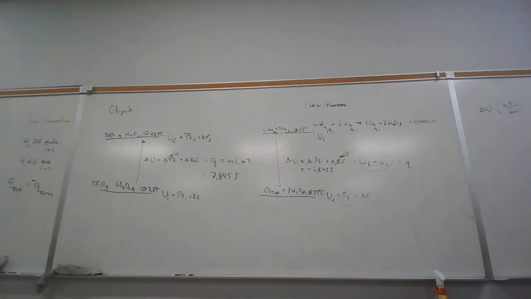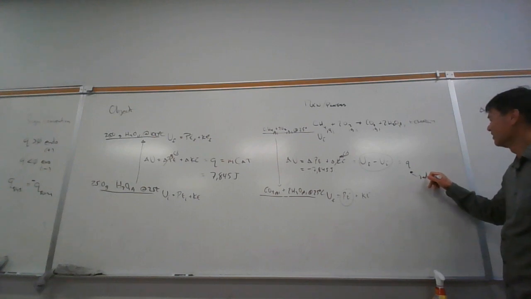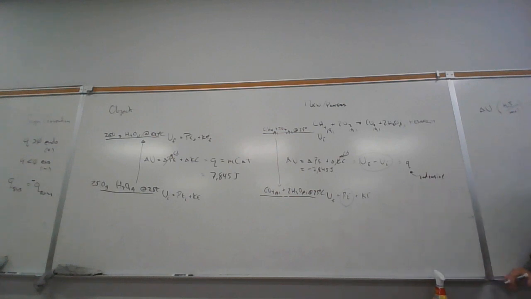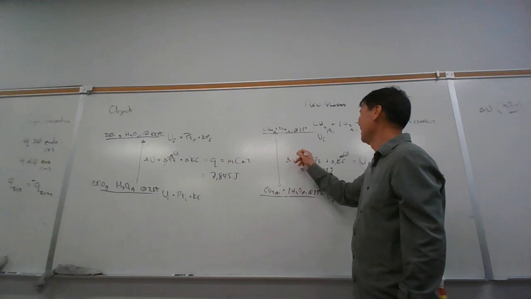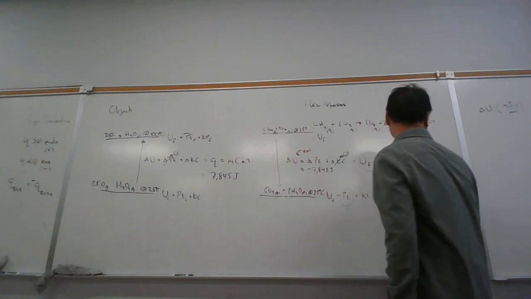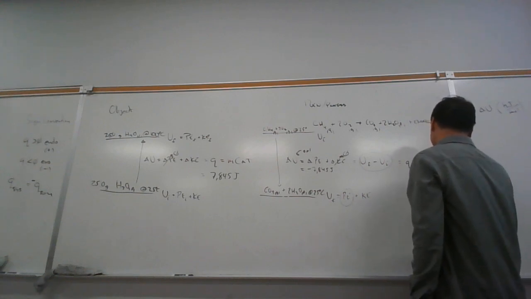So this is intensive, the actual delta U. Whereas the Q, the amount of heat depends on how much methane you burn. The more methane you burn, the more heat you're going to get. Whereas delta U is typically an extensive, or what am I doing? I'm doing it backwards, sorry. This is extensive, it depends on the amount.